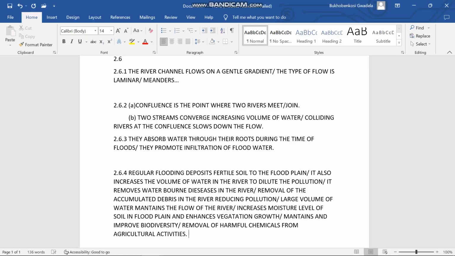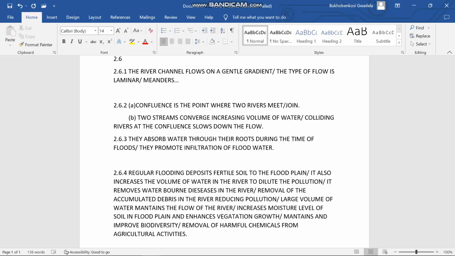In agricultural activities, when you apply pesticides to kill pests and insects that destroy our crops, those pesticides are not good for aquatic life when washed into the river.